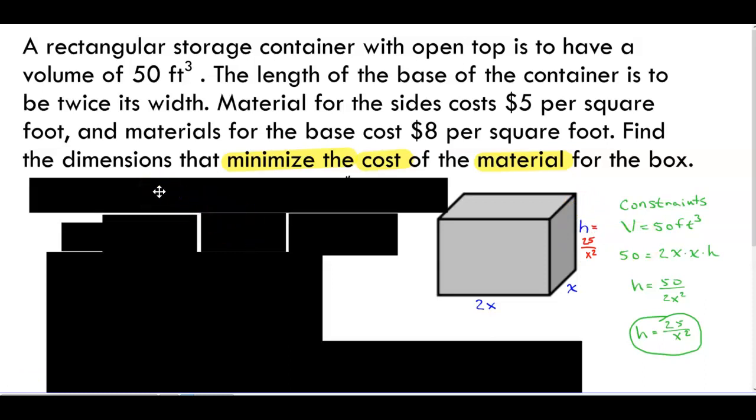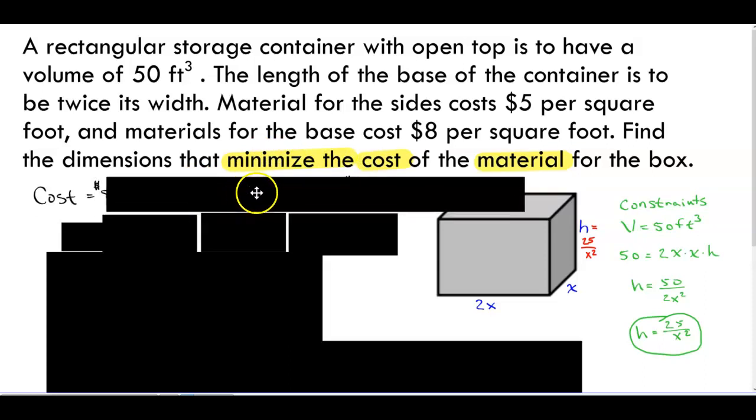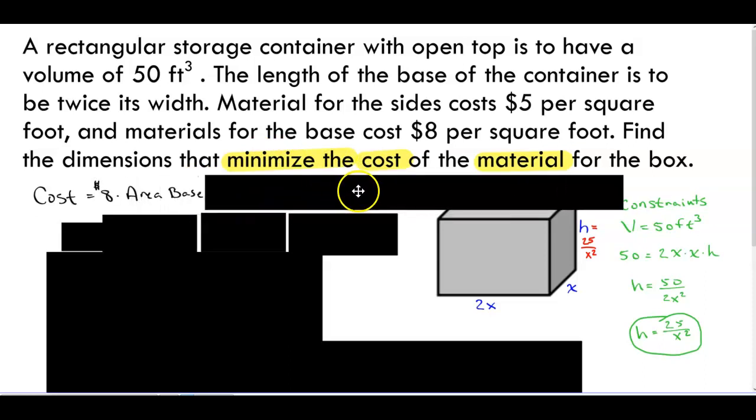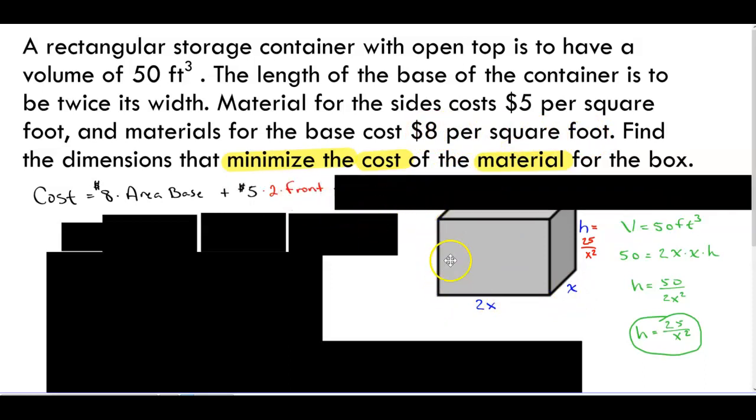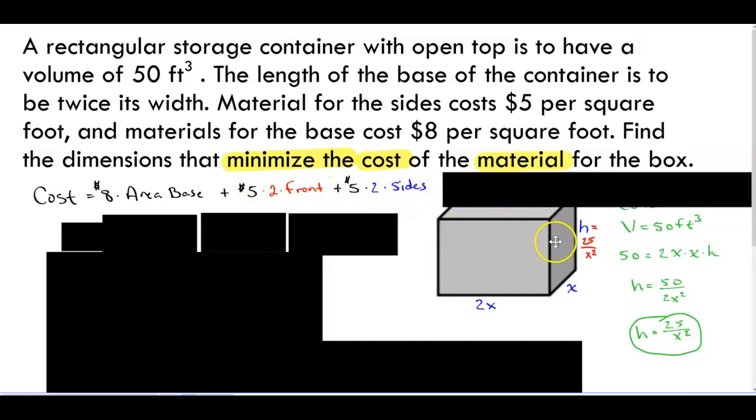So the equation that I want to minimize is the cost. Well, let's think about how we would set up the cost equation. Cost is the area of the base times $8 per square foot, plus the area of the front side, but I'm going to times that by 2 because I have a front and a back, and that is $5 per square foot, plus the 2 sides.